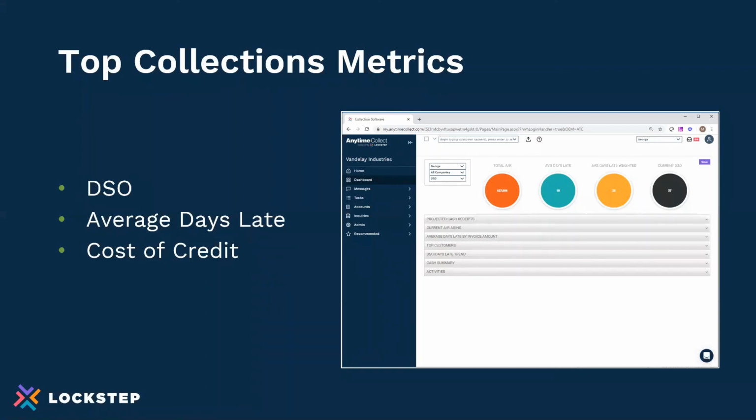Now, the top metrics that we think need to be at the top of everybody's process and decision making. One is DSO. Why? DSO drives decision making regarding the effectiveness of your AR policies and procedures. Average days late drives the decision making of your most productive use of your staff time. Cost of credit drives the decision making on the efficiency of your AR policies and procedures.